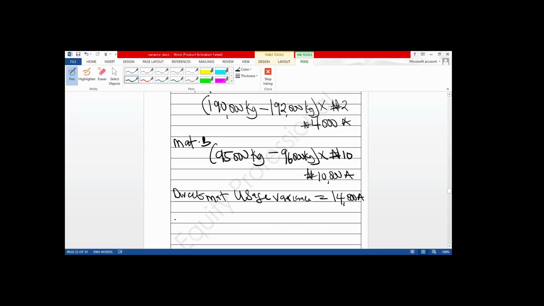So if you want to get your direct material cost variance, direct material cost variance is equal to price variance, 19,200 A, plus usage variance, 14,000 A. 19,200 plus 14,000.